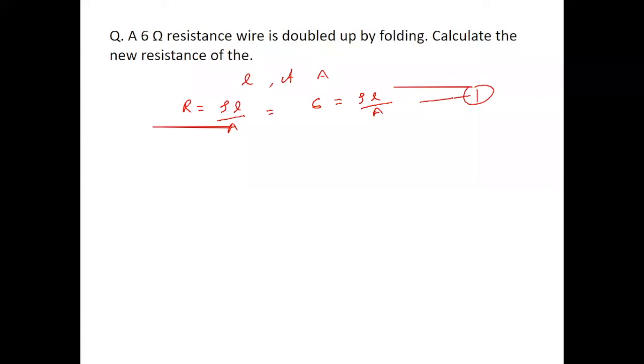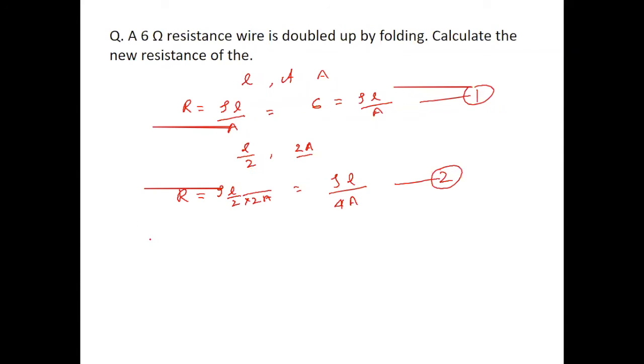When the wire is doubled by folding, its length is L by 2, and its area of cross section will be doubled, 2A. Then in that case, R equals rho L by 2 into 2A, so rho L by 4A. Okay, so this is the second.